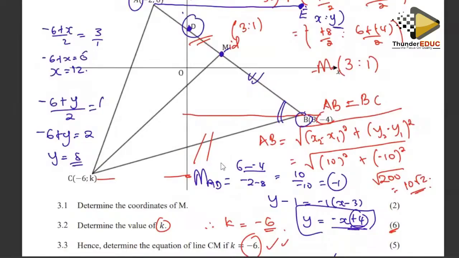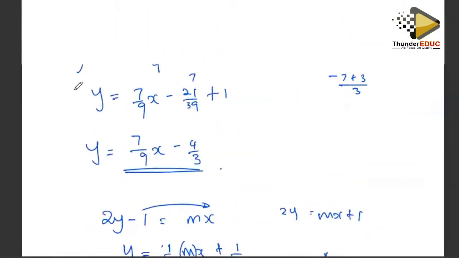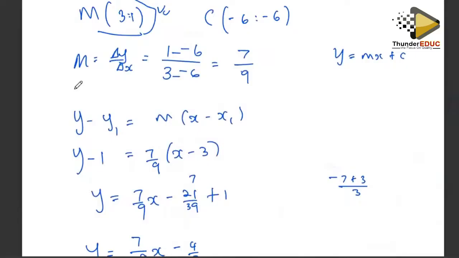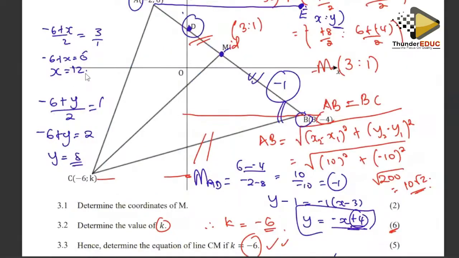You see the gradient here is a -1. We got the equation of MC. And what was the equation of MC? We got the gradient to be 7/9 for MC.